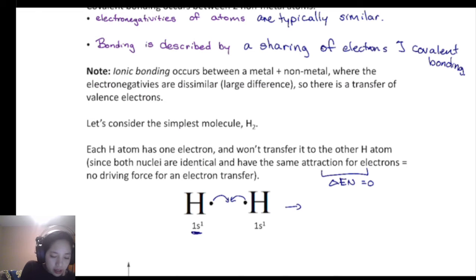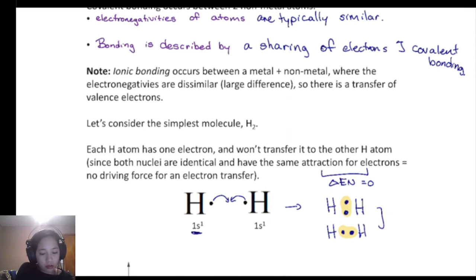And you will get something that looks like this instead, where those two electrons are coming together and being shared. So you could draw it like this, or maybe you might want to draw it like this. Maybe that's better. But either way, both how I've drawn these two electron pairs, now they're being shared amongst these hydrogens.